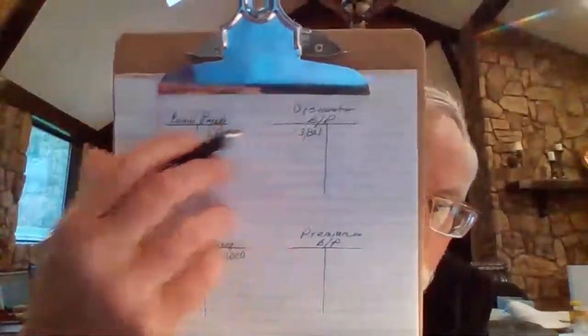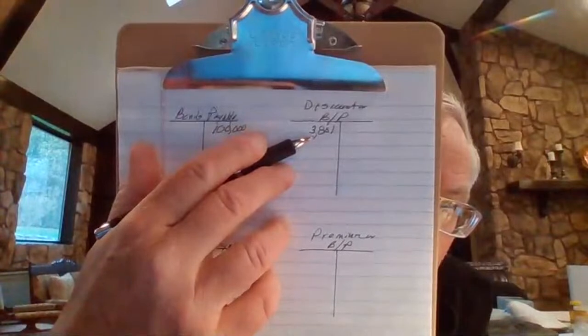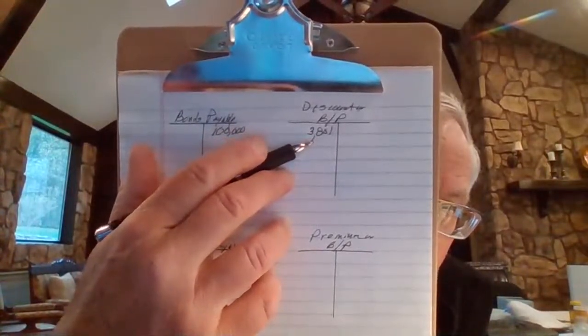It's a discount, so it offsets. This is a credit, so the discount will have a normal debit balance. So the book value, carrying value, would be 96.49. What's that? Go back.